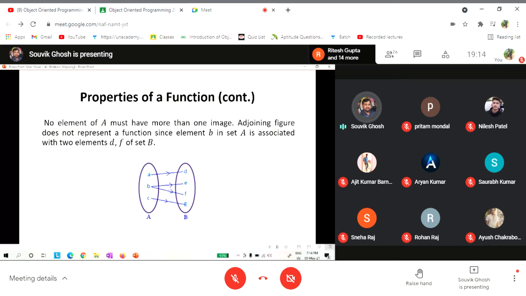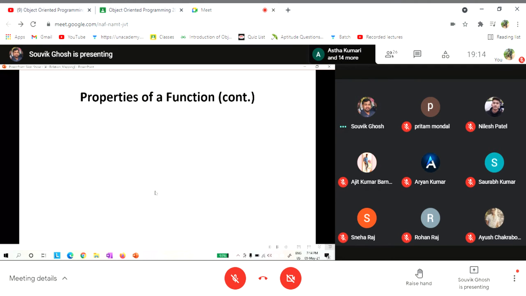You can see in this figure A is related to D and B is related to E, F, N. Since this violates the property that no element of A must have more than one image, this element has two images, so this is also not a function.